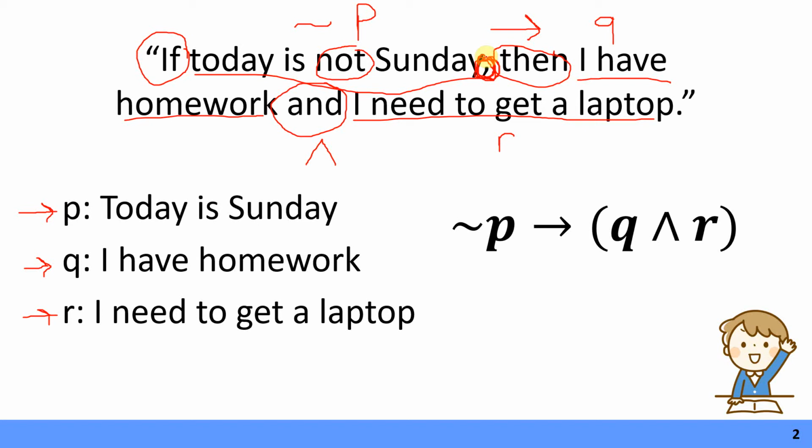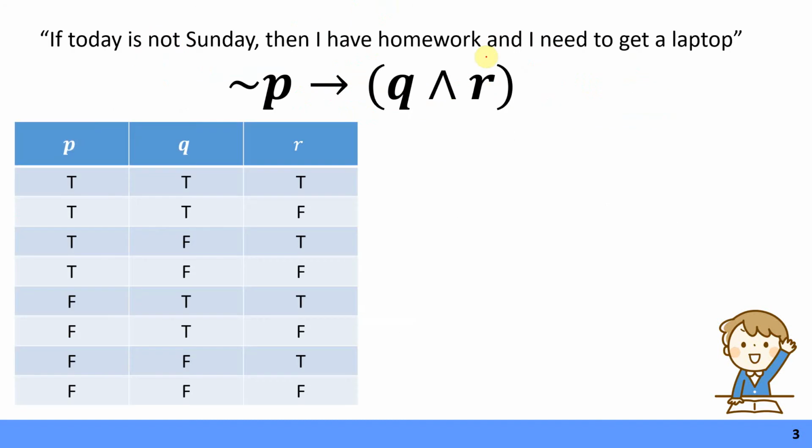If we would have had more statements to the left of the comma, then we would have grouped those together with parentheses. But in this case, we only have a not P to the left. So that one's just by itself. Since we have a Q and an R to the right, those are the ones that we group in parentheses. So again, this is the first step. Now that we have this, now we can actually start creating our truth table.